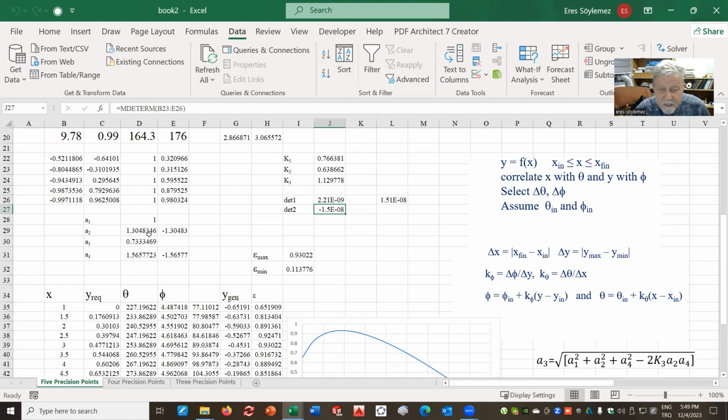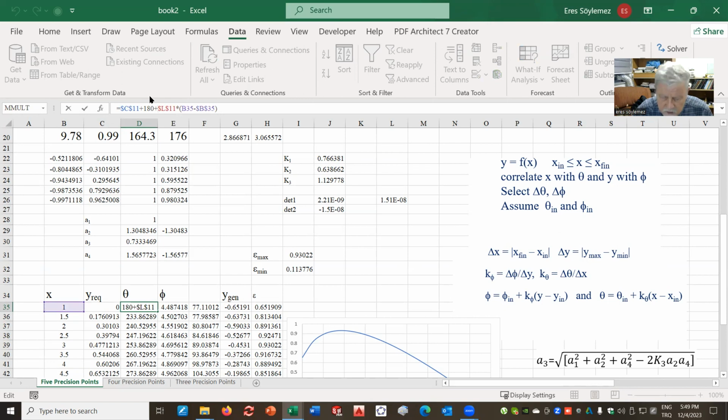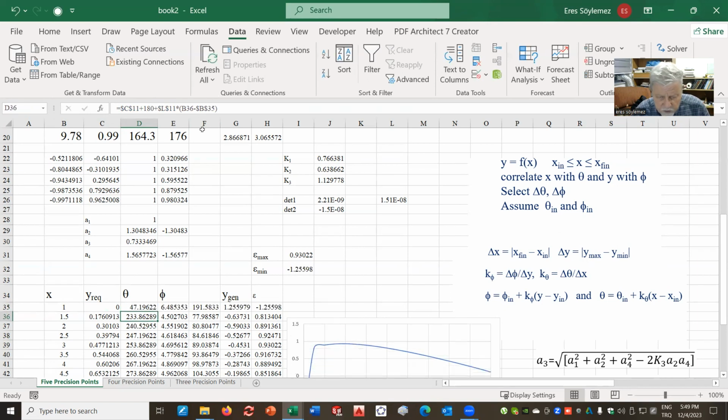Now, again, these values are positive. Let me do what I have done previously. Eliminate theta initial, because I'm not going to measure it from the opposite side. I'm going to measure it from the theta as before.